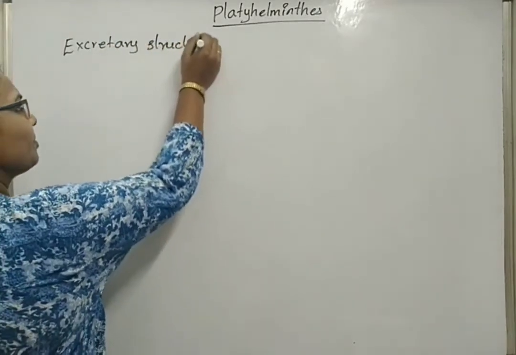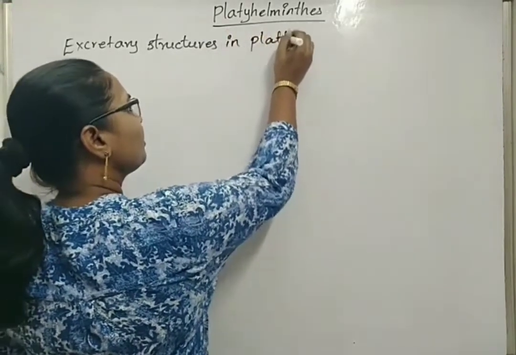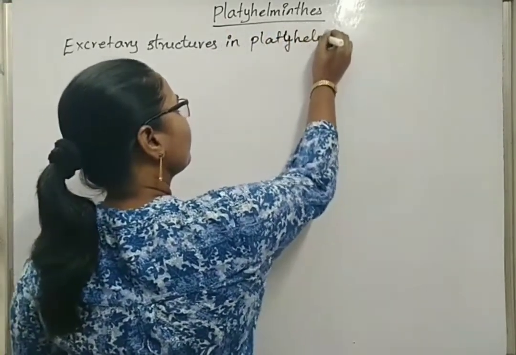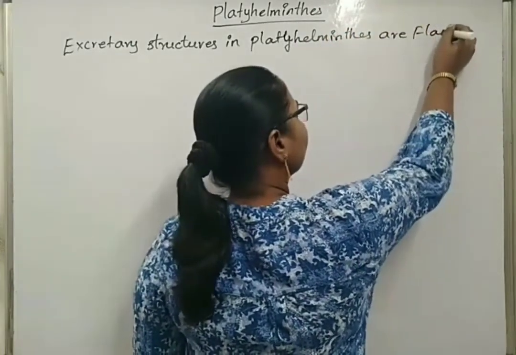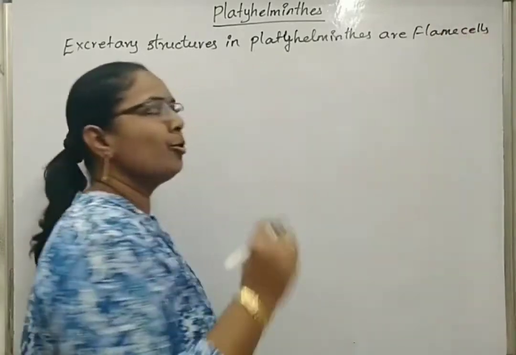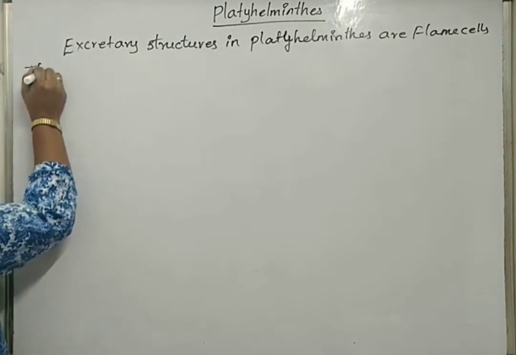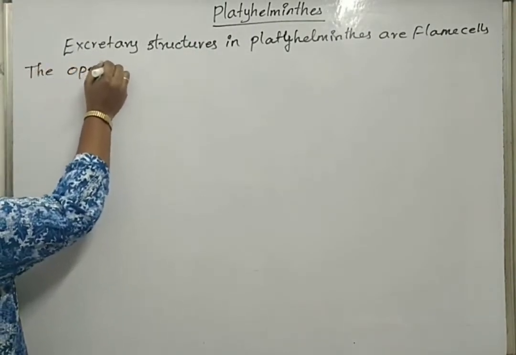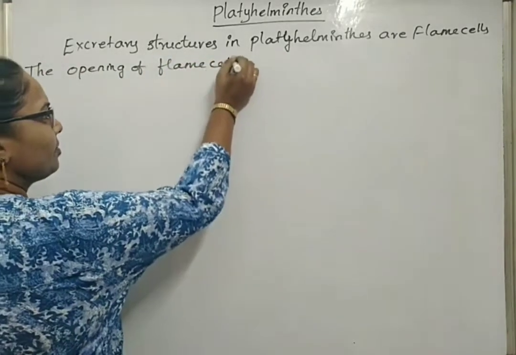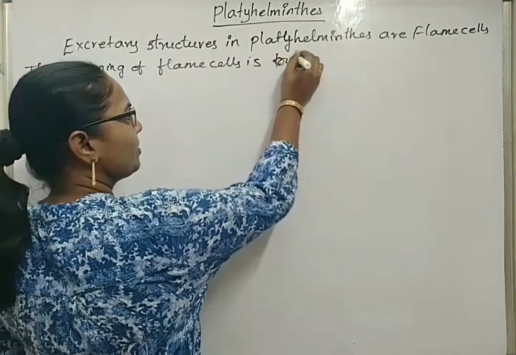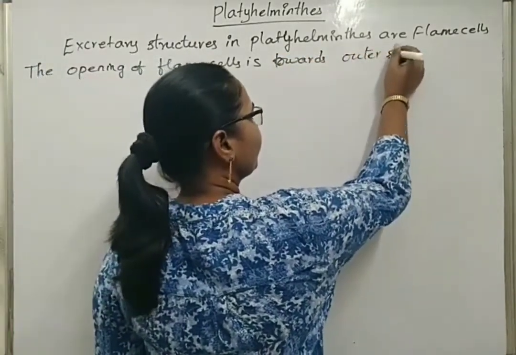Excretory structures in platyhelminthes are flame cells. Their opening is connected to the external surface, toward the outer surface.